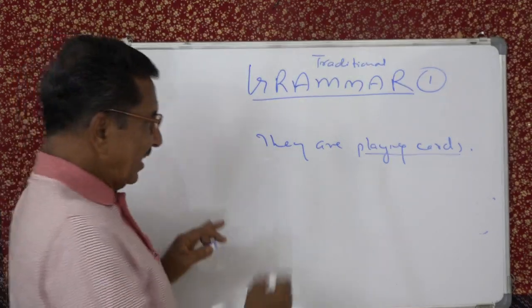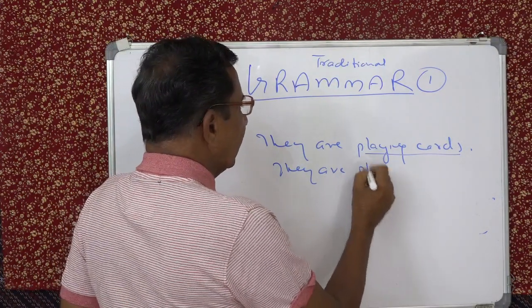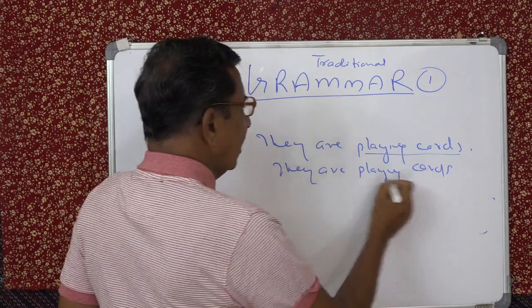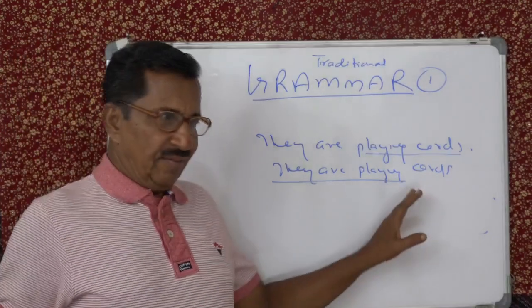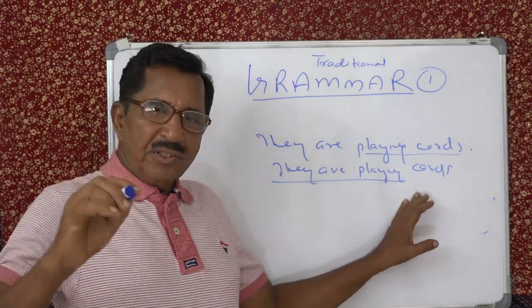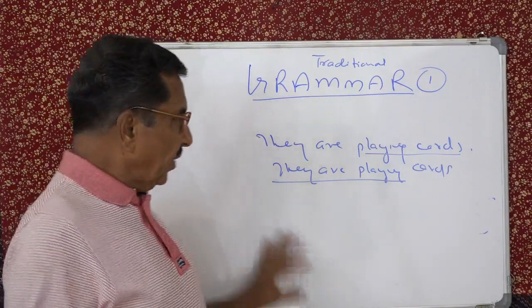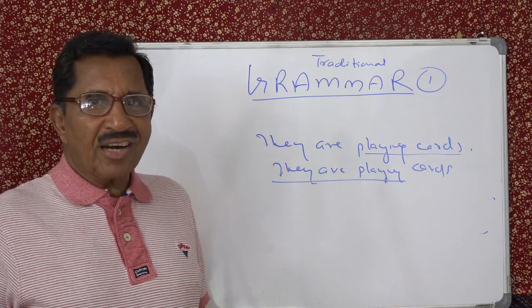That's all. The other one is they are playing cards. If you specify a sentence and then assign a description to that, and if you fail to assign a description, then you will not understand the meaning.